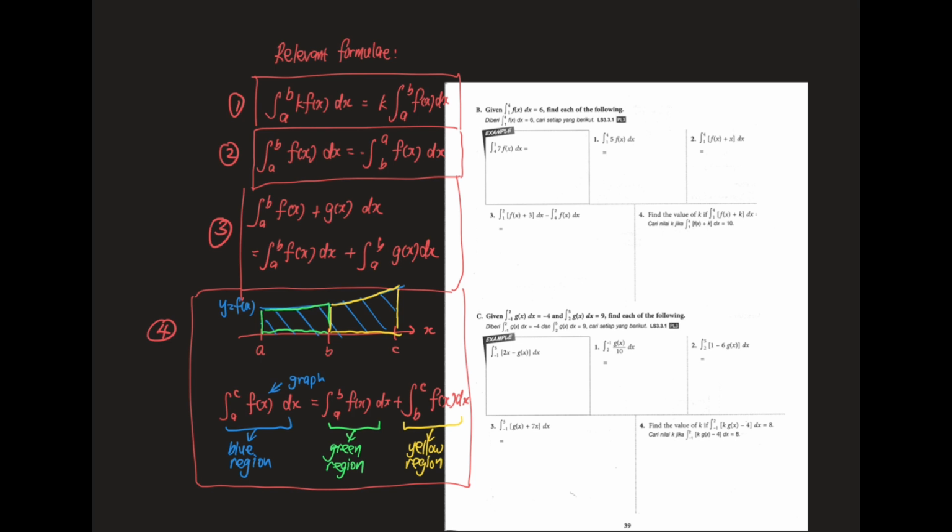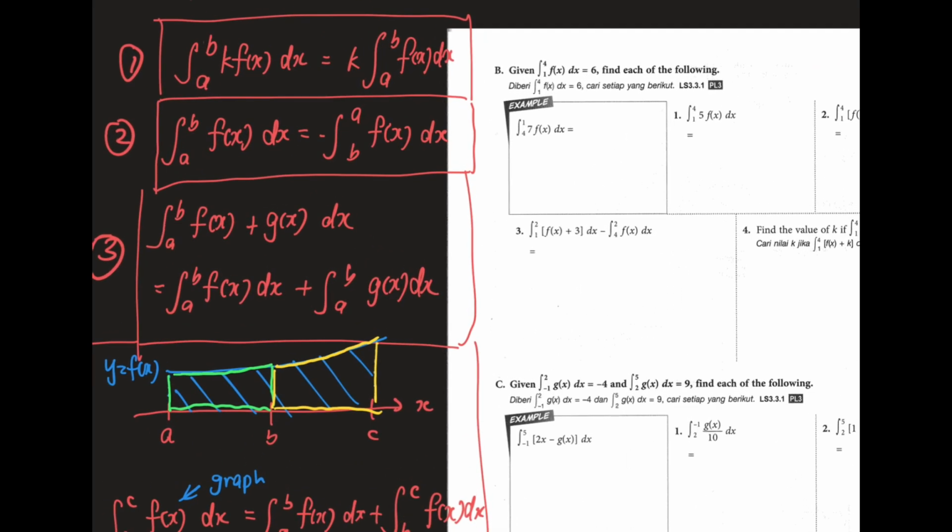Our example: integrate from 1 to 4 of 7 f(x). First I need to apply formula 2 to turn the limit upside down, then the negative will come up. So I'm using formula 2.